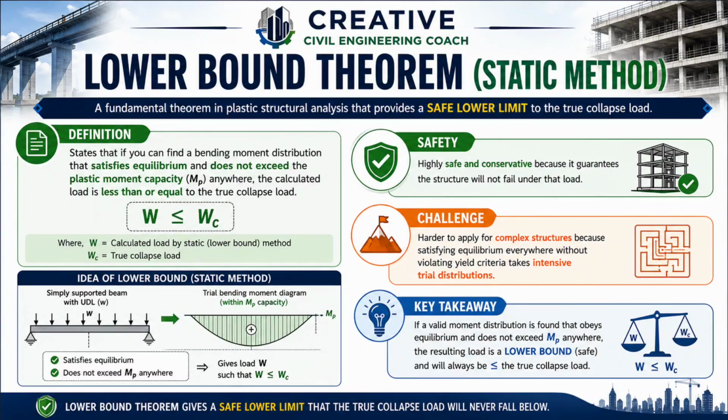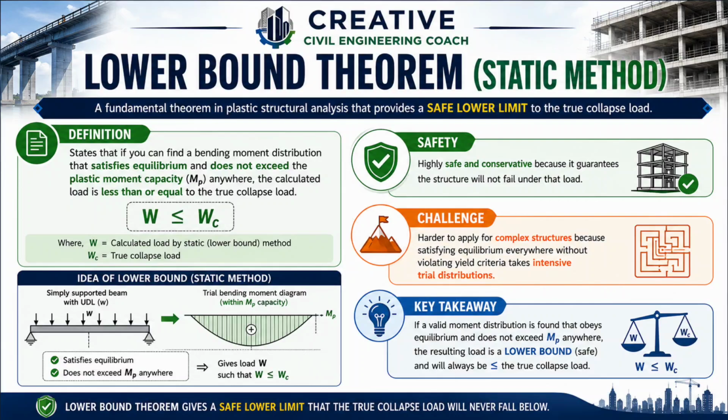So now we will discuss the lower bound theorem. The lower bound theorem is also called the static method. It is a fundamental theorem in plastic structural analysis that provides a safer lower limit to the true collapse load.